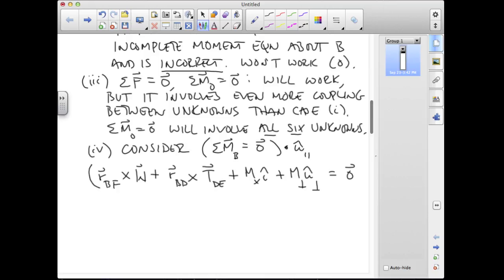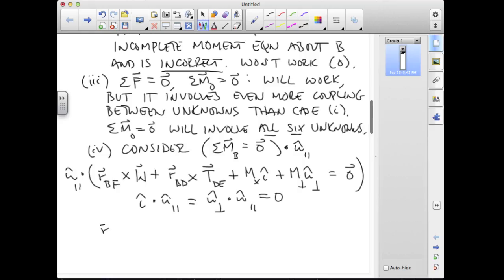So now if we take this whole equation and we dot it into U parallel, what happens? Well, given the coordinate system that I have defined at B, I dot U parallel is equal to U perp dot U parallel, which is equal to 0. So now the fact that I have these two moment reactions in our moment equation doesn't really matter, because they'll go away when I take the dot product between this unit vector and the whole equation. And what I will then be left with is what's essentially proposed in the problem statement.